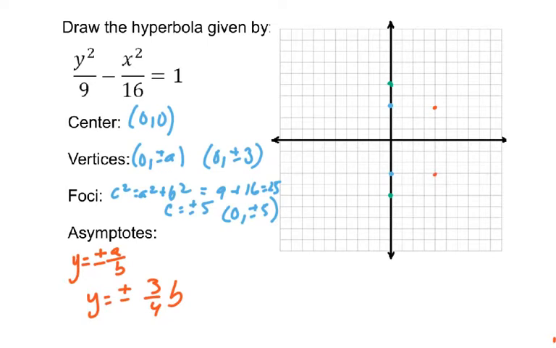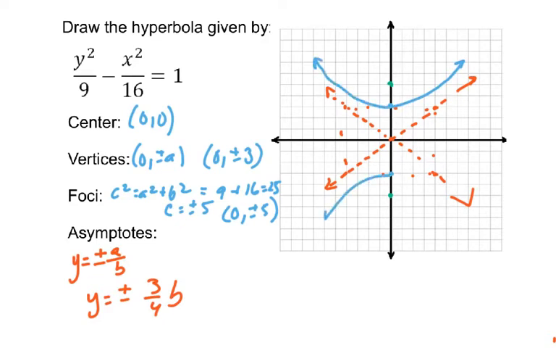And then we can go up 3, left 4, and then down 3, left 4. So we create this little box in the center, where the hyperbola goes. We have our oblique asymptote in this direction, we have our oblique asymptote with the negative slope, and then our hyperbola opens along that.